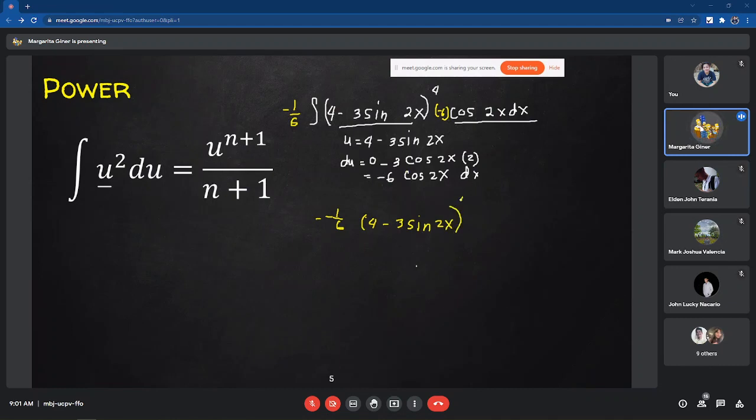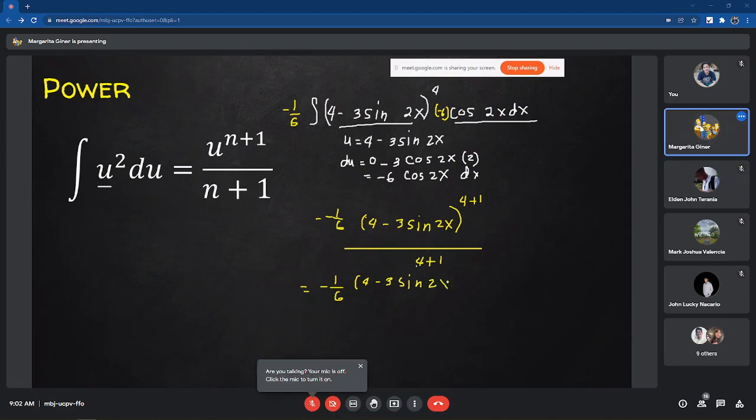Add one sa exponent, 4 plus 1, divide by 4 plus 1. Okay? So, this will become negative 1 over 6 multiplied by 4 minus 3 sine 2x. So, 4 plus 1 is 5. Divide na siya by 5.